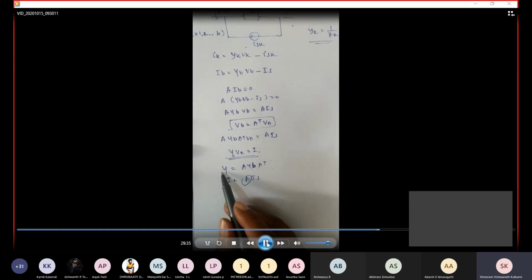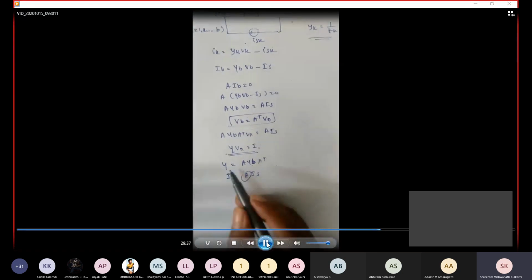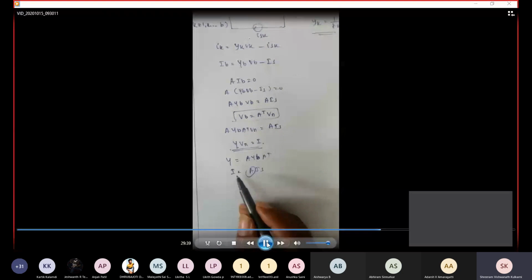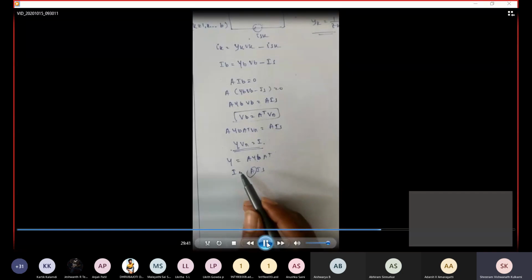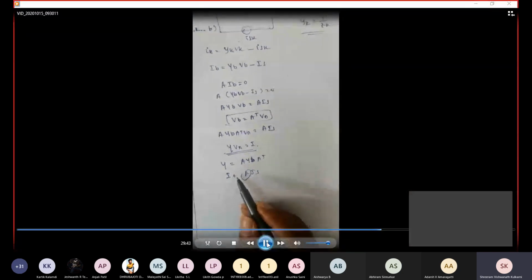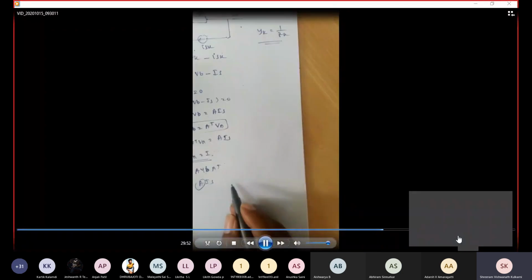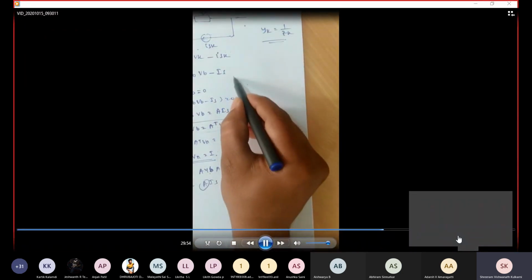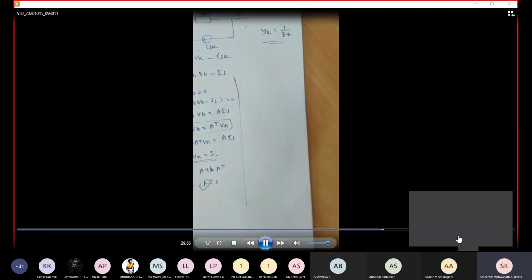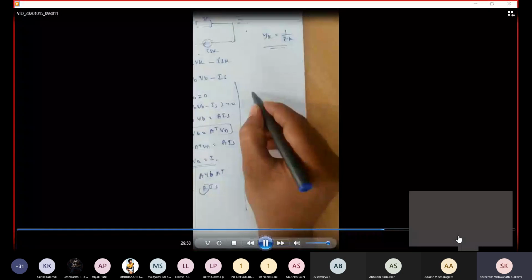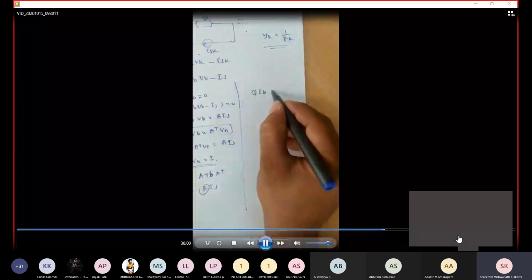Now, while deriving that KCL equation, we introduced the cut set also, Q. Now we can write the KCL equation as Q IB equal to 0.